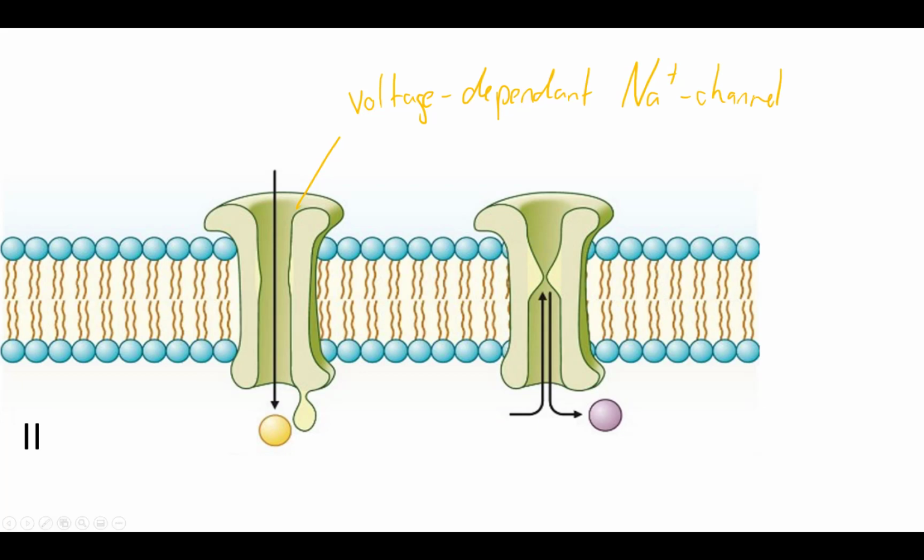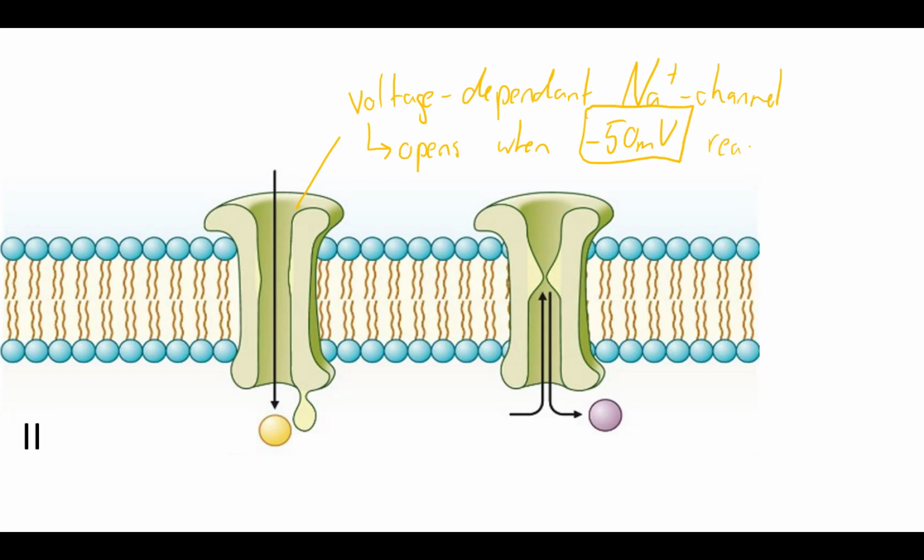And they are triggered to open when the charge of the cell, or not the whole cell necessarily, but just the local area, gets to minus 50 millivolt. So that's kind of the magic number here.